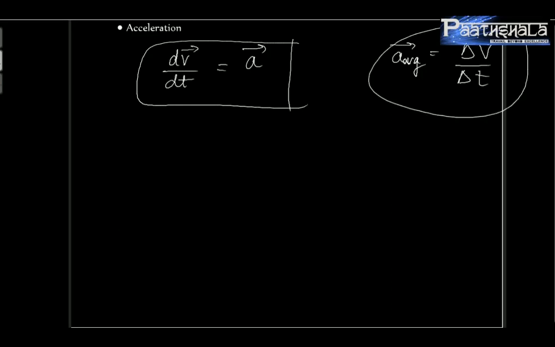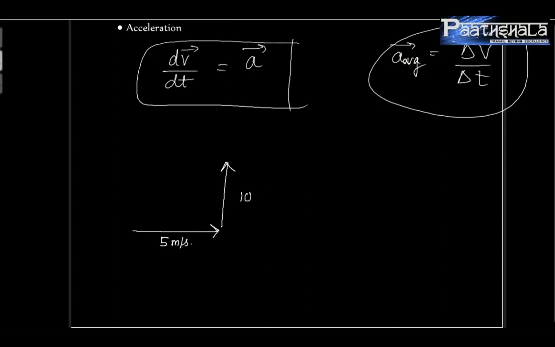Okay, I'll give you one problem right now. Let us say a car is moving in the east direction, its velocity changes and it starts to go in the north direction. So the velocity vector is changing, right? Earlier it was moving in the east direction with 5 meters per second.